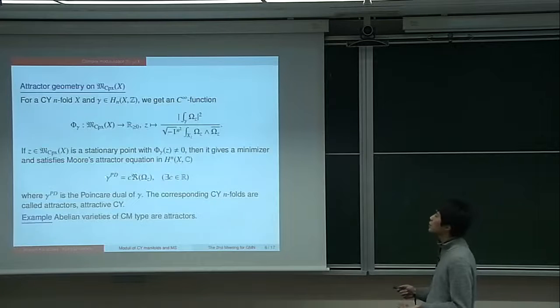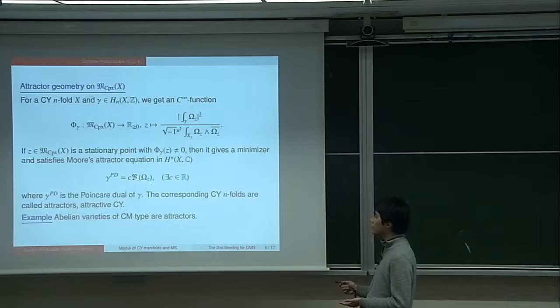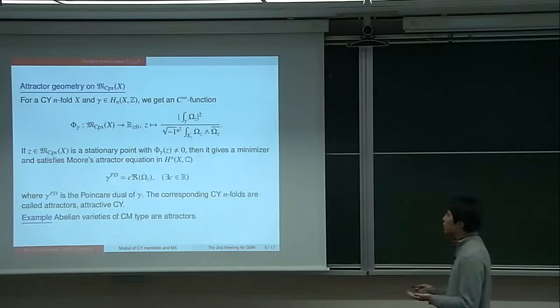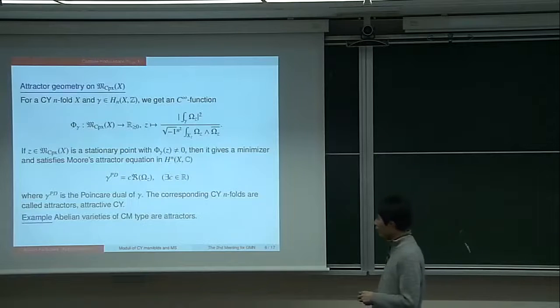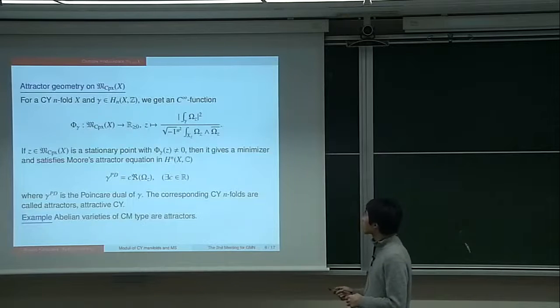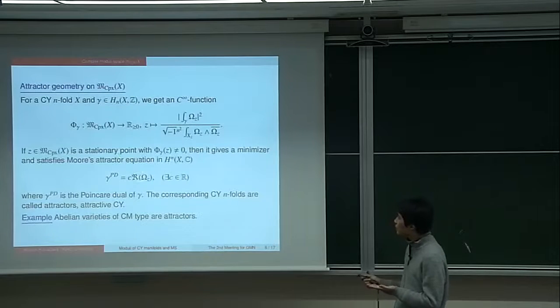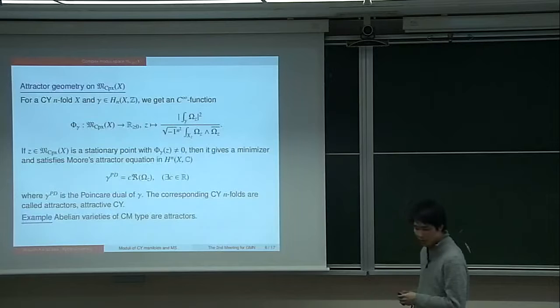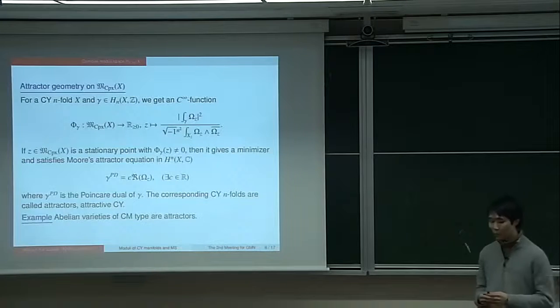This represents the Poincaré dual of gamma, and that is equal to the real part of the holomorphic volume form up to some constant. Okay, the Calabi-Yau manifold corresponding to that moduli point z is called an attractor or attractive Calabi-Yau manifold.